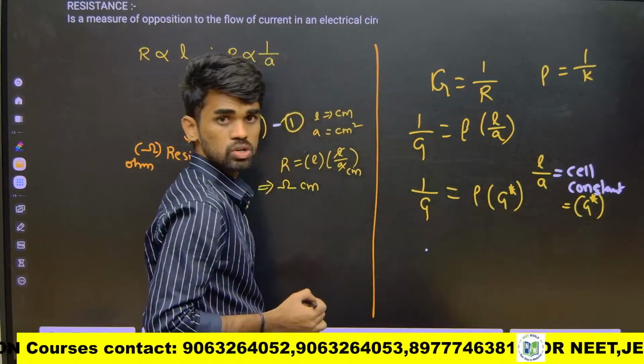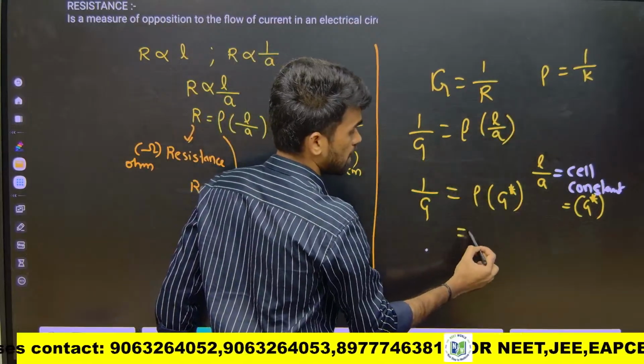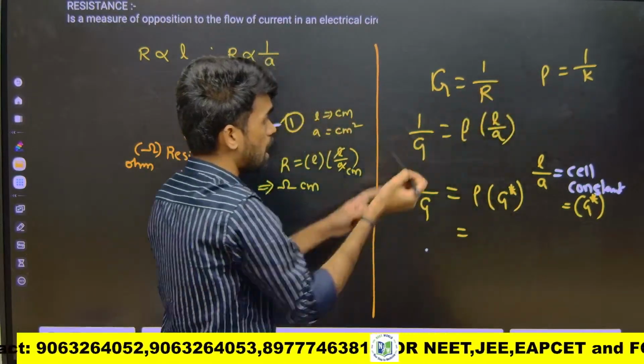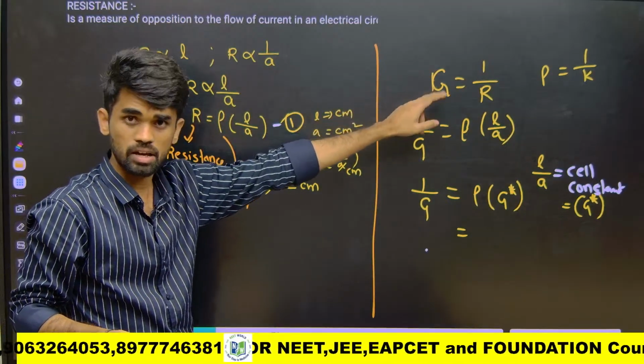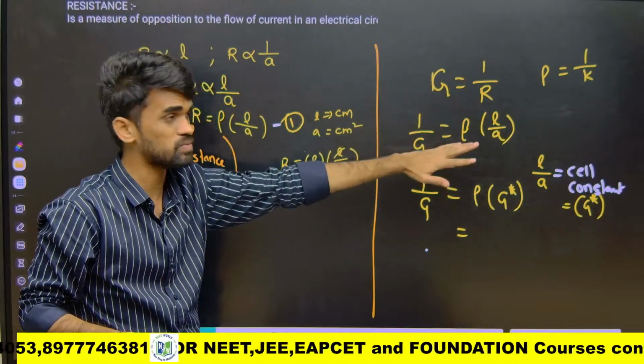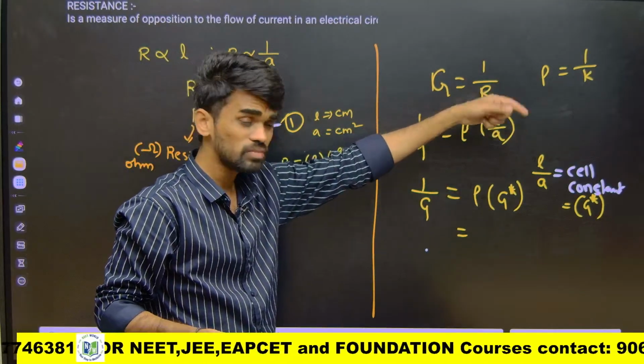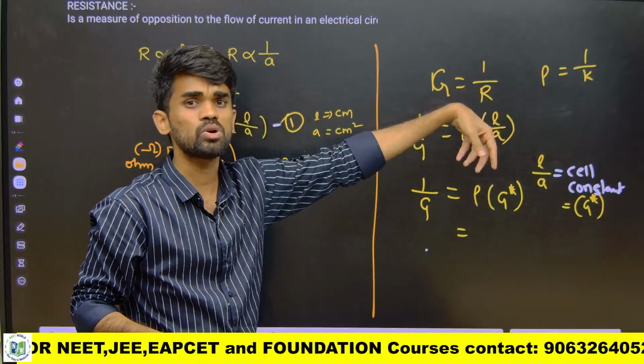What I told you is that rho is the inverse of conductivity, because conductance is the reciprocal of resistance. Similarly, conductivity is the reciprocal of resistivity.